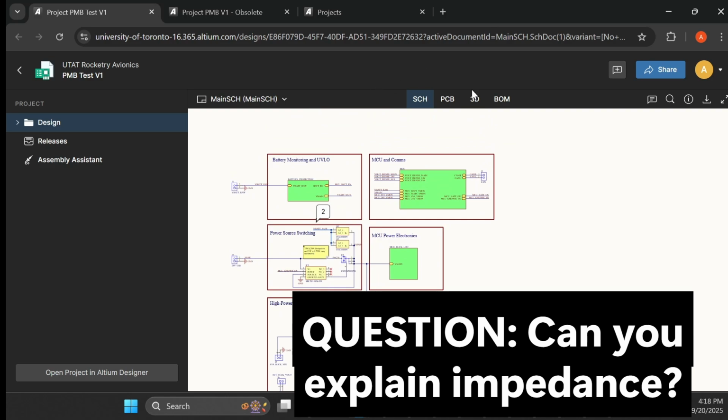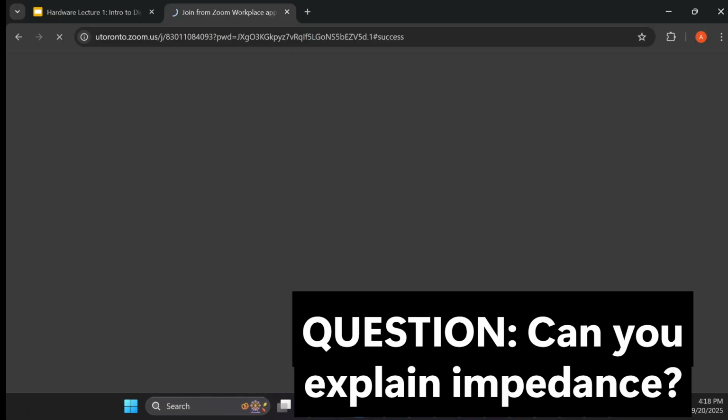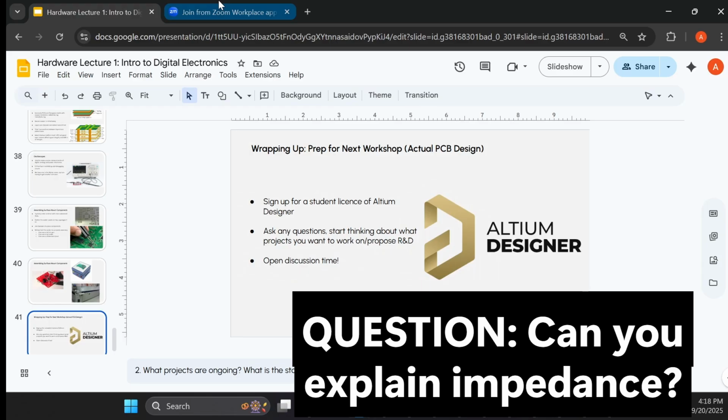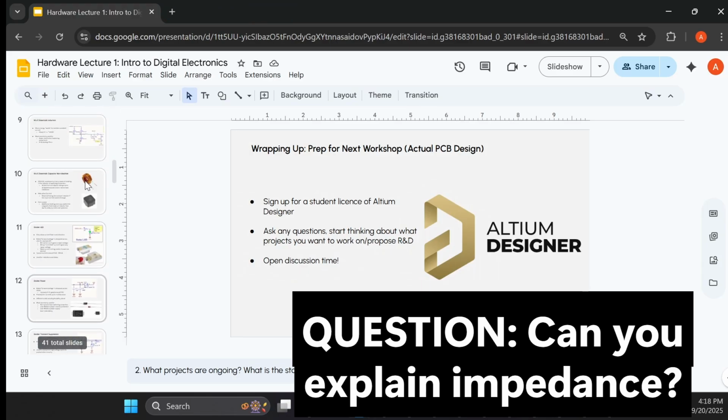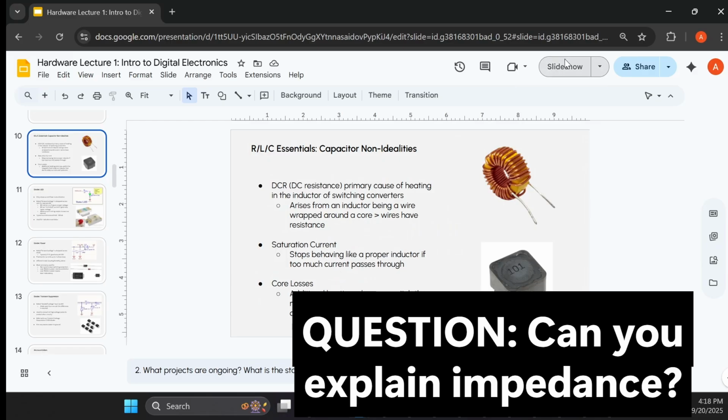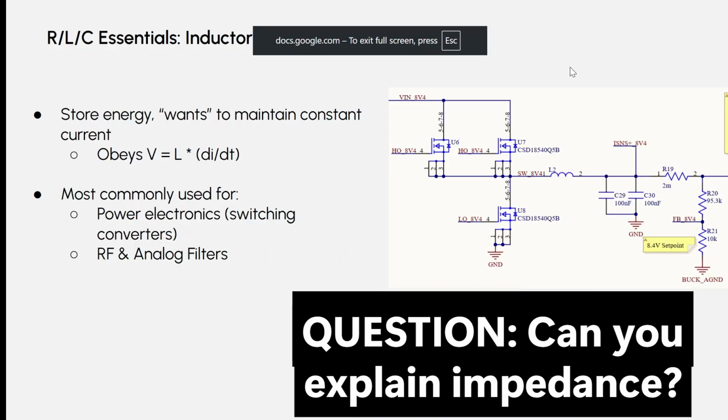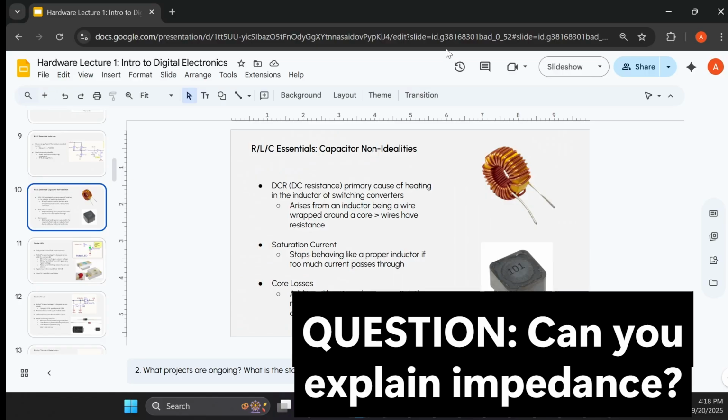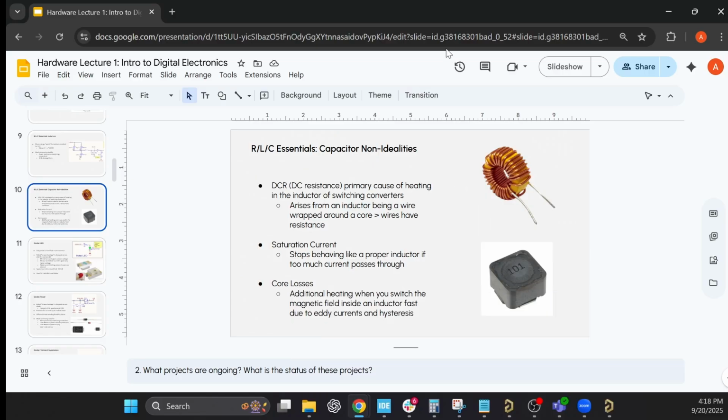Inductors, yeah, sure. Oh, impedance, yeah, sure. So impedance basically arises when you're looking at an electronic device like a resistor. You'll notice a certain amount of current flow through it based on whatever voltage amplitude you apply.